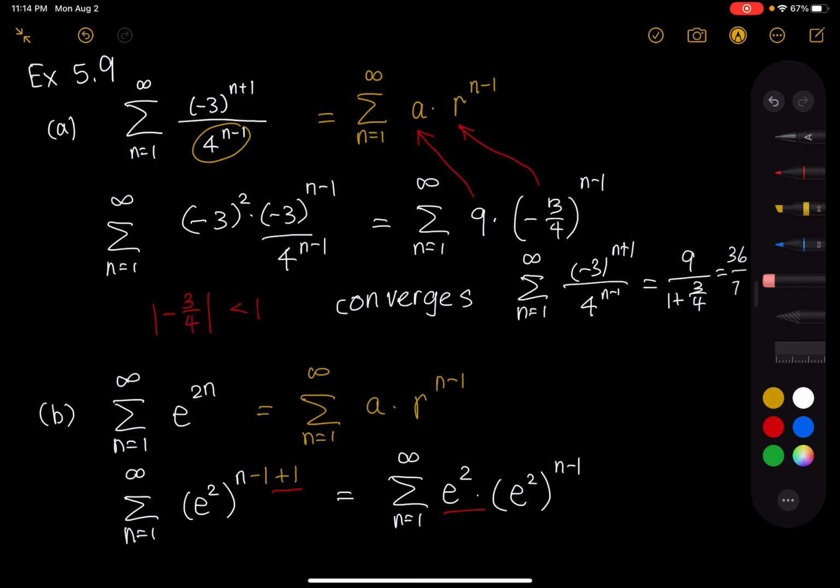So now we have a, which is e squared, and r is e squared. The absolute value of r, e squared, what is e? If you don't know, use a calculator. e squared is a number greater than 1, so the series diverges.